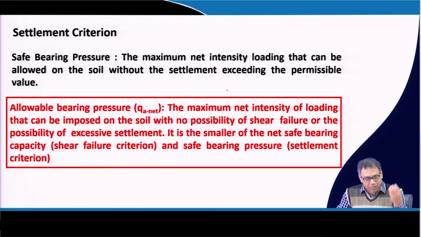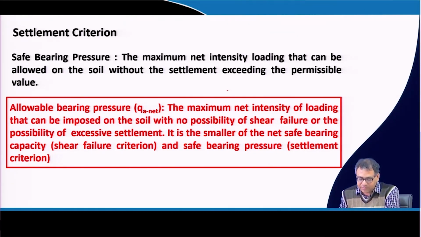So, we have one safe bearing pressure in terms of settlement and another in terms of bearing. The minimum of these two will give us the allowable bearing pressure. That means how much load we can allow on the foundation. That will be the minimum of the load satisfying the settlement criteria as well as the bearing capacity criteria. That is why it is the maximum net intensity of load that can be imposed on soil with no possibility of shear failure or excess settlement.